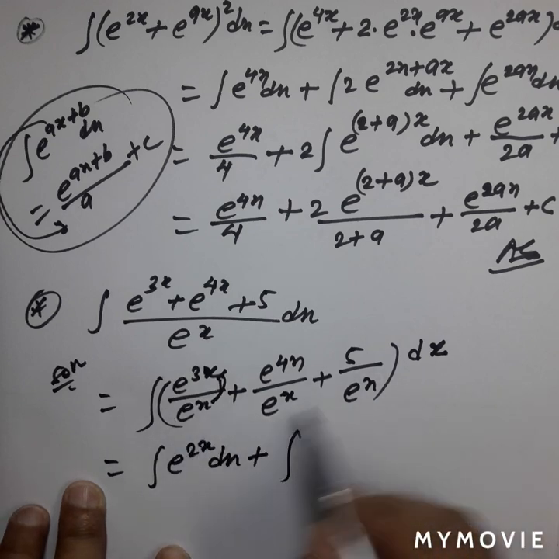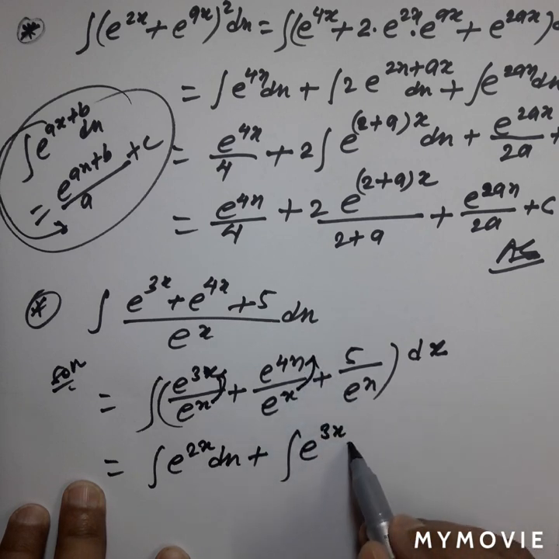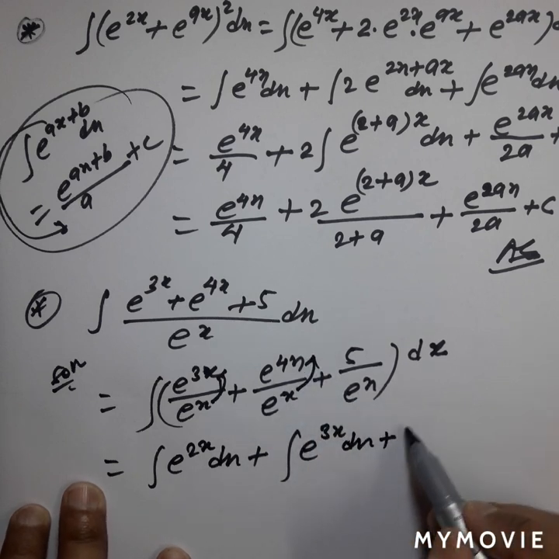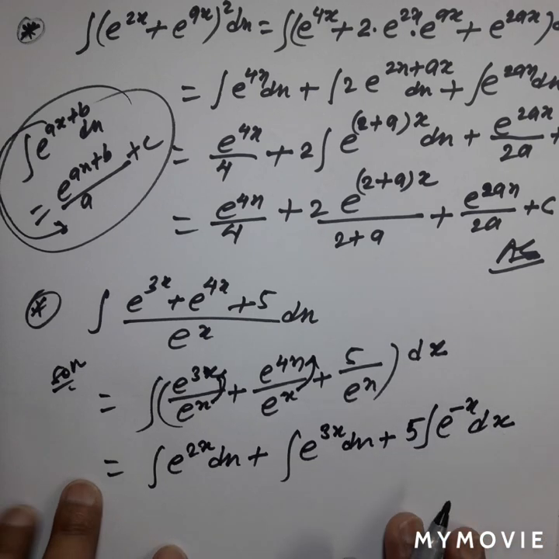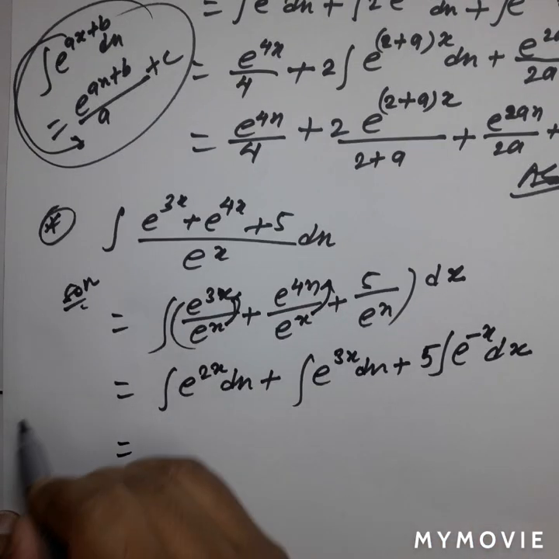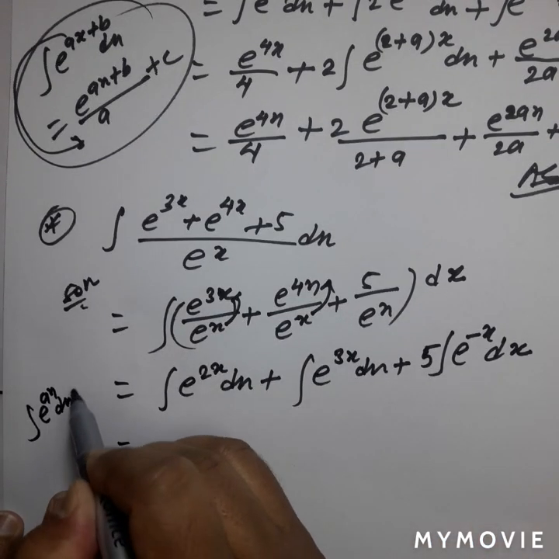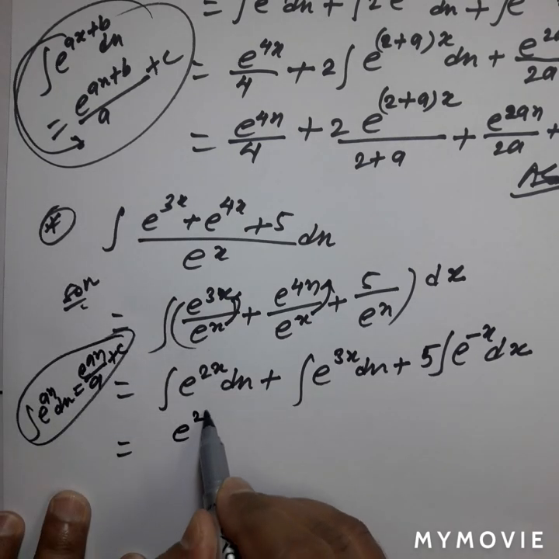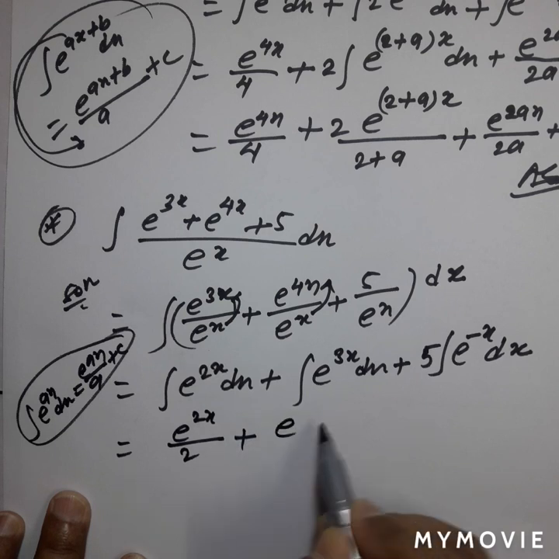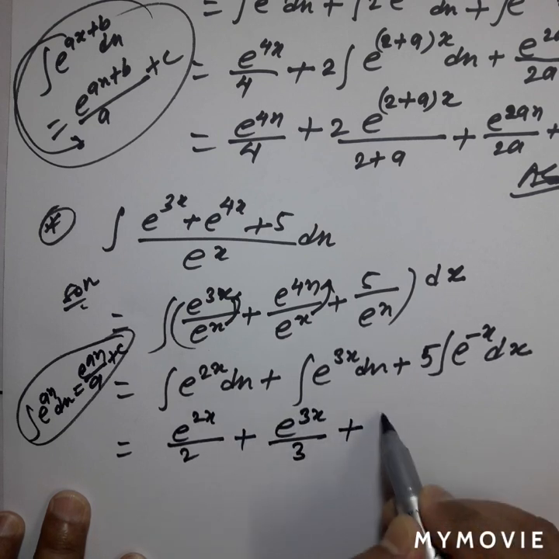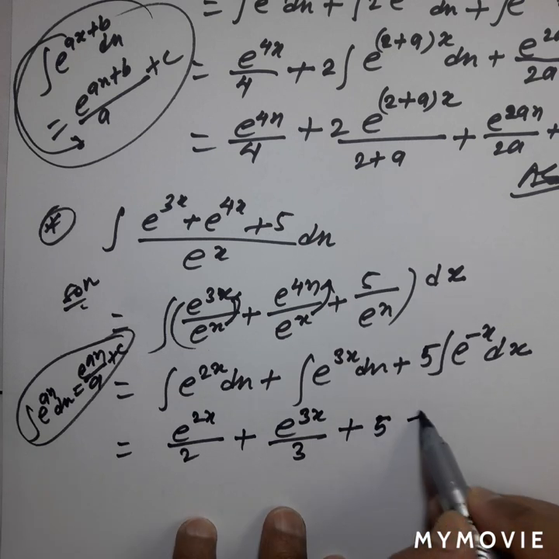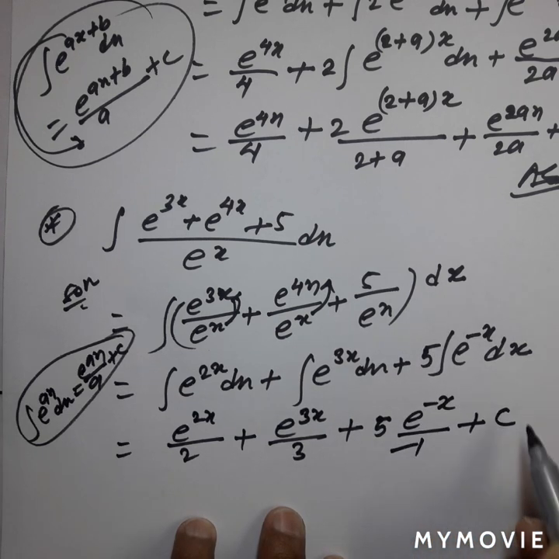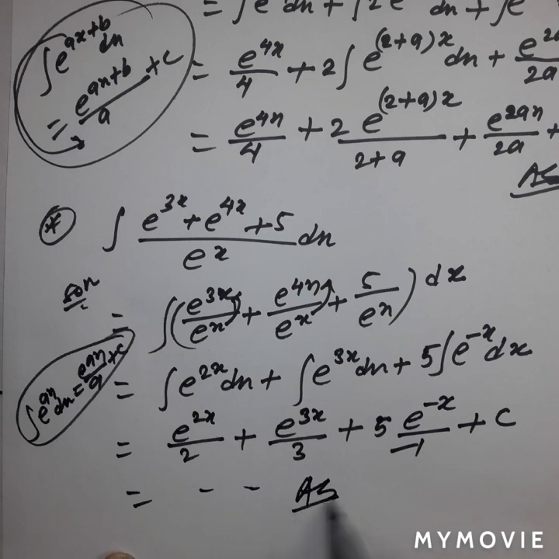Now we can separate the terms also: e power 2x, because this becomes minus x, dx, plus, and this becomes 5 outside, e power minus x dx. Now use the formula: antiderivative of e power ax dx is e power ax by a plus c. We use this formula here: e power 2x by 2, e power 3x by 3, plus 5 e power minus x by minus 1 plus c, and now simplify and get the answer.